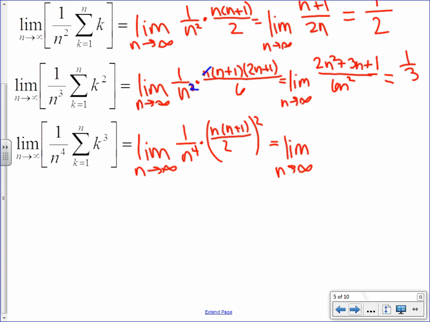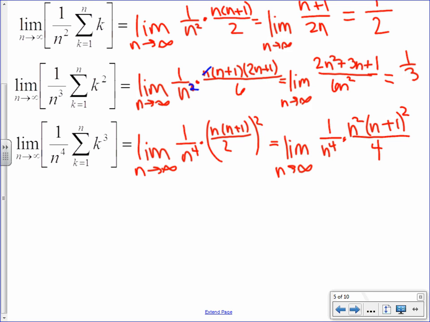So we have 1 over n to the 4th times n squared times n plus 1 squared over 4, is basically what's happening, right? Does that make sense what I did with the squares? It's distributed, yeah.